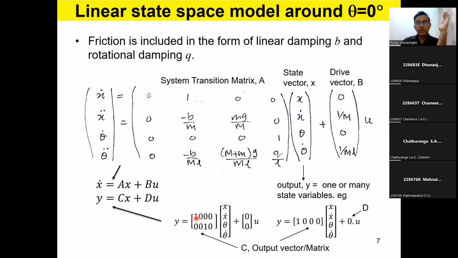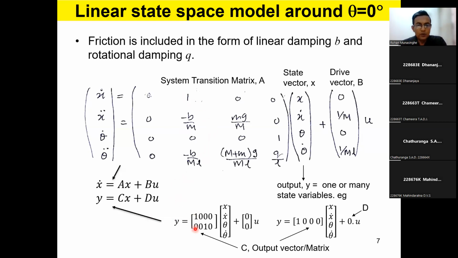Because you have to keep an eye on the angle for a couple of reasons. If it falls down too much, you are in trouble. And the second thing is that we have already assumed theta is 0 or nearly 0. So if it goes too much, your assumption is not valid. So you have to keep an eye on that as well.